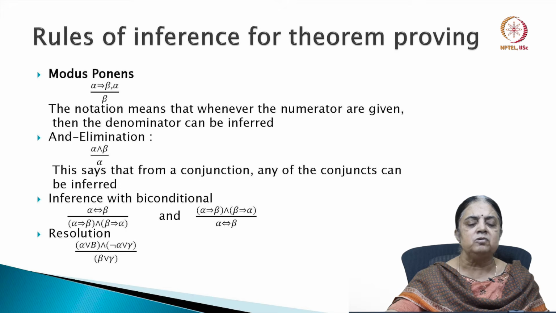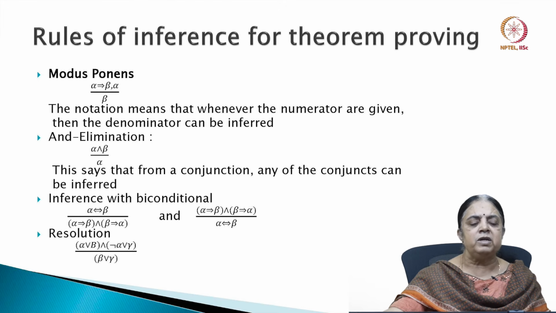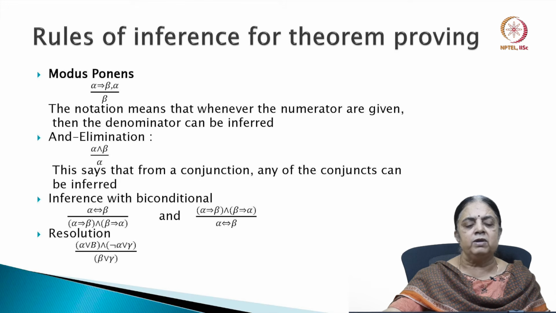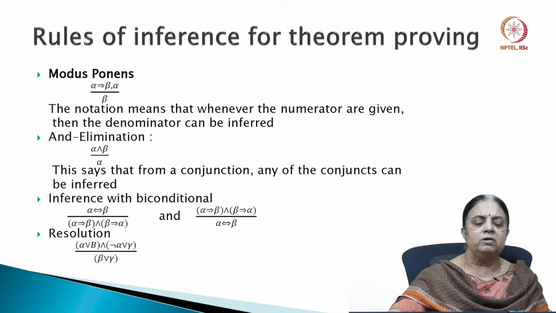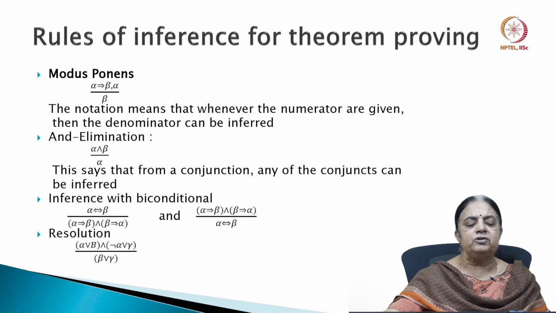Then you can infer B. This is the notation we are going to use when we talk about rules of inference: when the numerator is given, then you can infer the denominator. It's also called entailment.